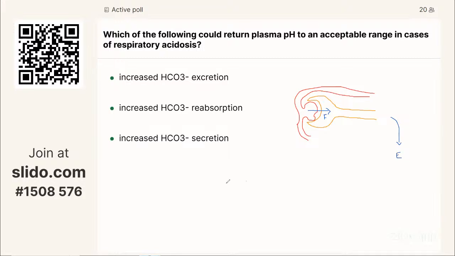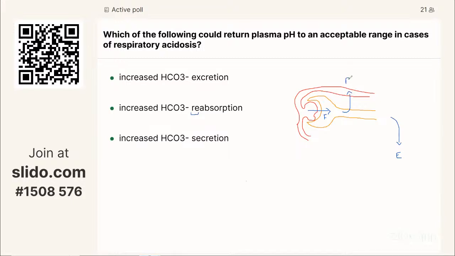Okay. And then we have these other two words, reabsorption and secretion. So these are modifications kind of along the course of the nephron in the pathway. So reabsorption is what happens if we have this fluid, we filtered it out of the blood, filtration, and then we reabsorb it into the bloodstream.